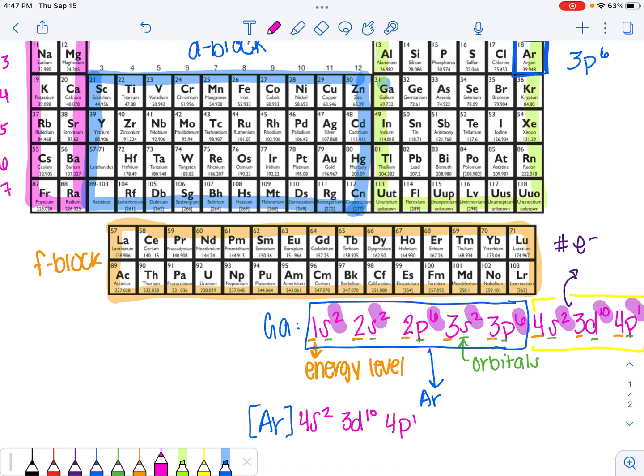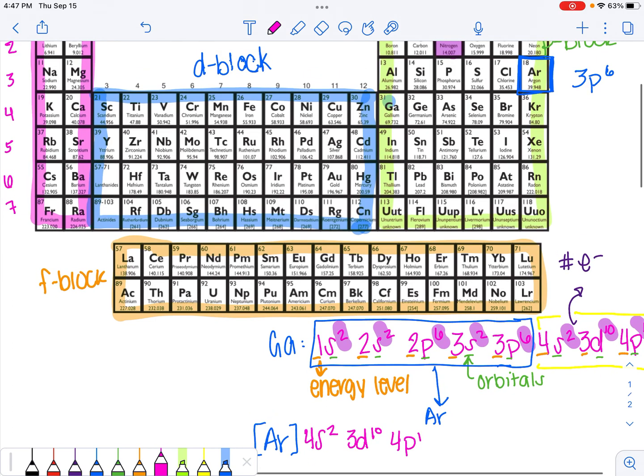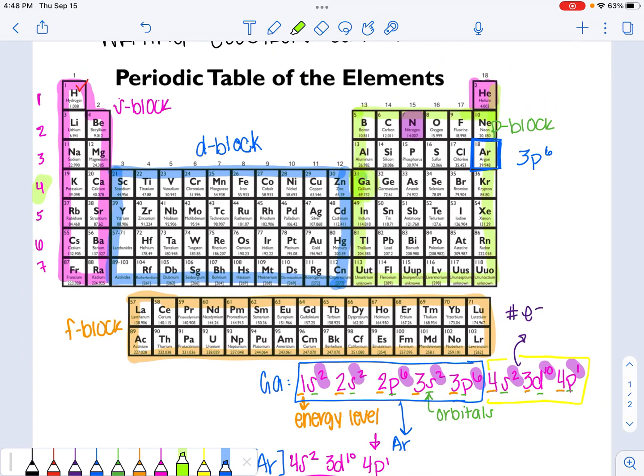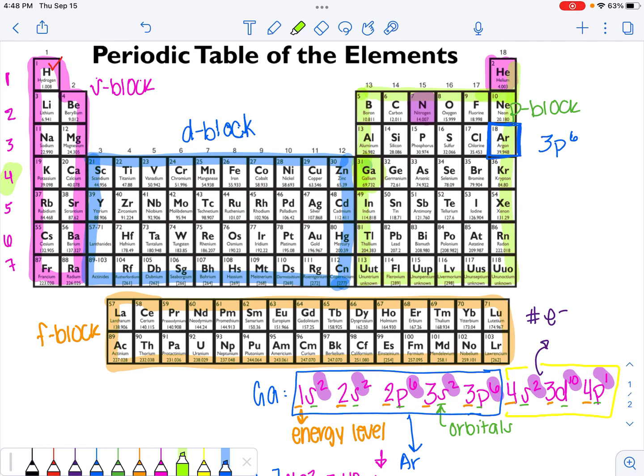And that still shows you where gallium is on the periodic table. It's just the last portion of it. So if I want to find gallium, I'm looking at the very last term, 4p1. I go to the 4th energy level, I go to the p block, and I go 1 element in, that's gallium right there. So this is your quick introduction to electron configurations.